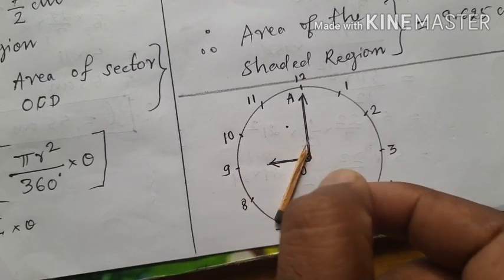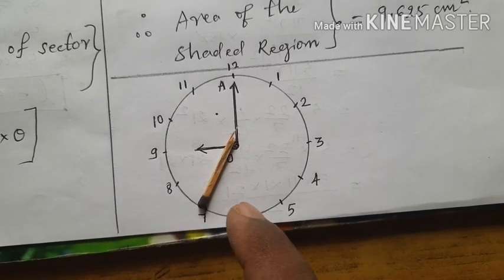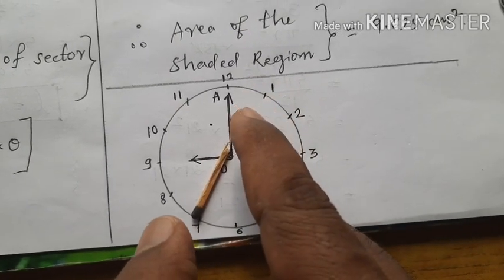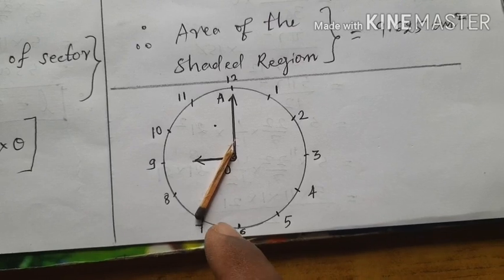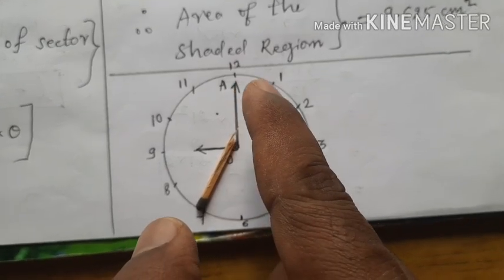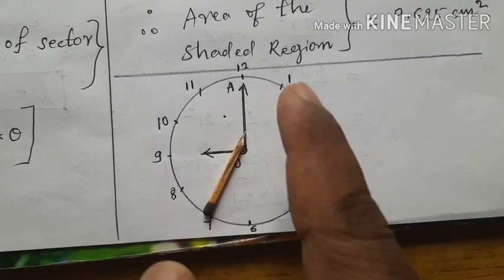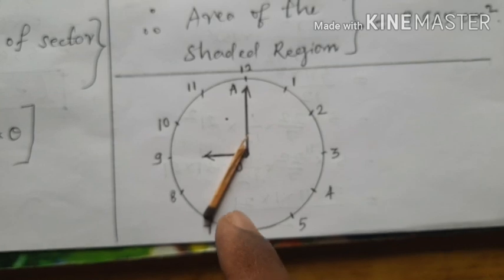Now if the minute hand comes to number 7, it means it has swept 35 minutes. The minute hand has moved from number 12 to number 7, which means 35 minutes.